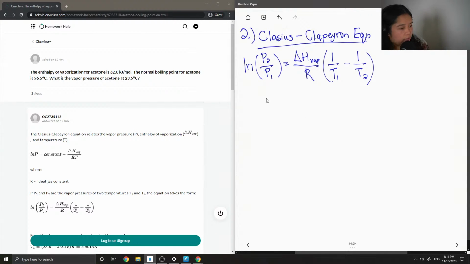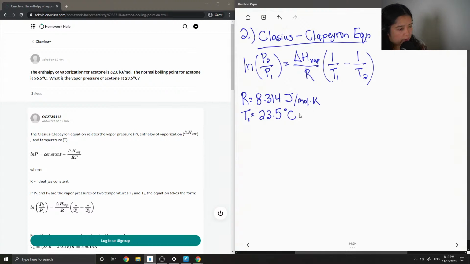Okay, so let's look at all the values that they gave us. R is the gas constant, and it is 8.314 joules over mole times K. T1 in this question would be the 23.5 degrees Celsius.